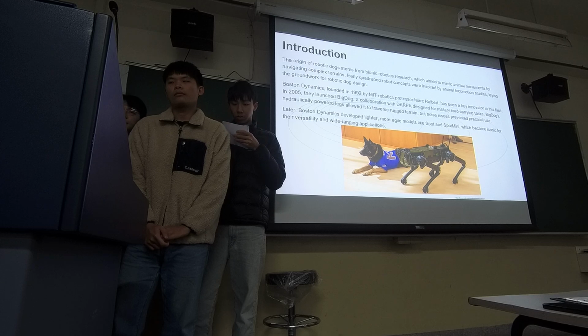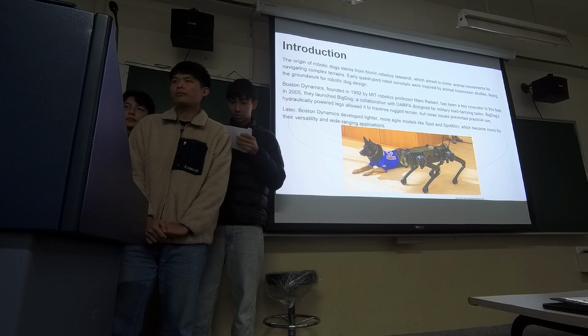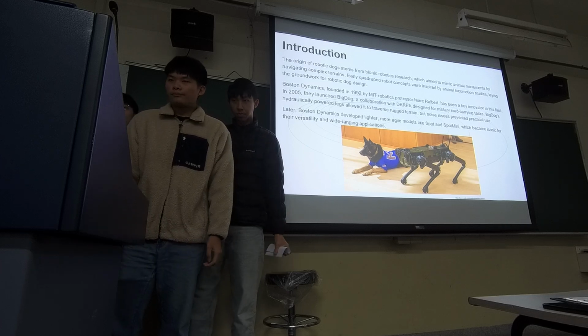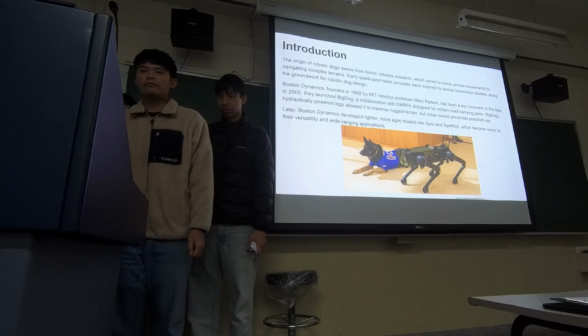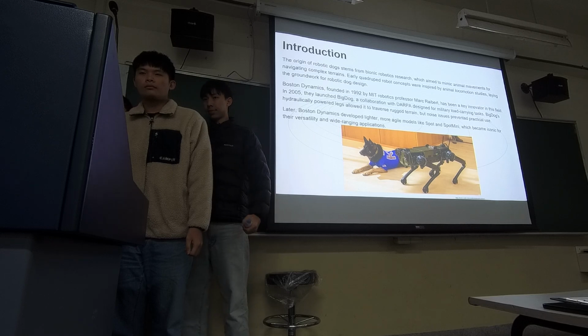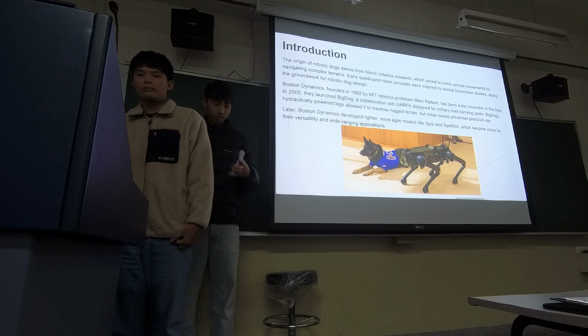In 2005, they introduced BigDog together with NASA to carry heavy loads for marine use. BigDog has hydraulic-powered legs that could handle rough terrain, but it was too noisy for critical use.